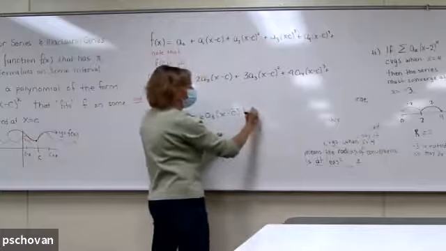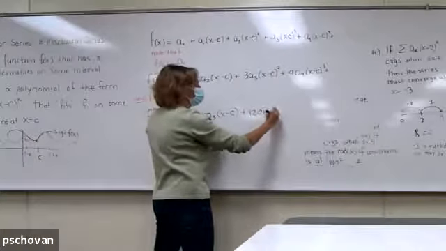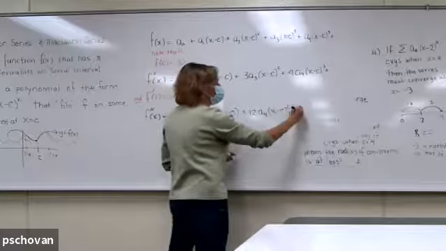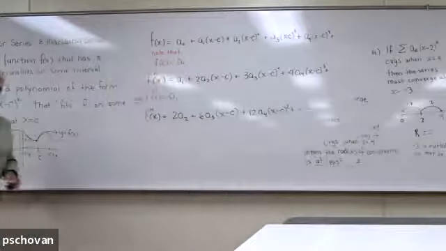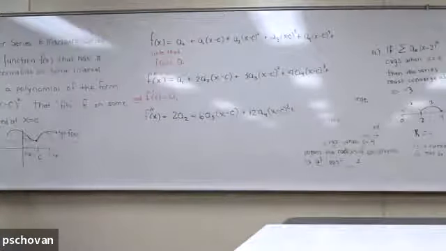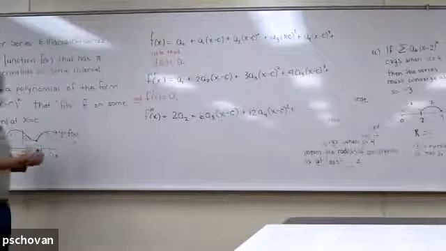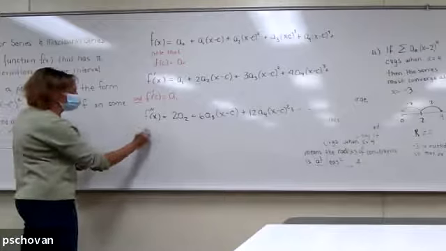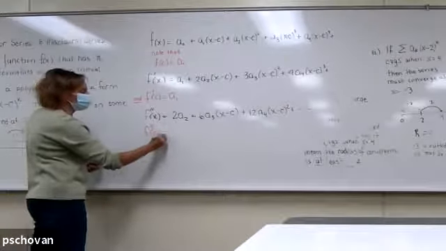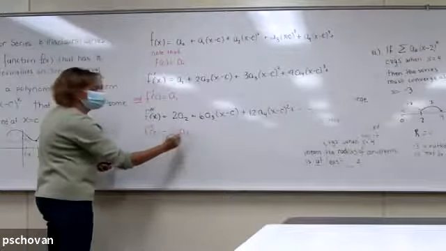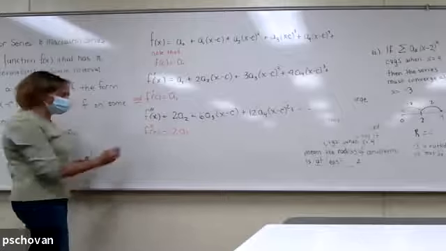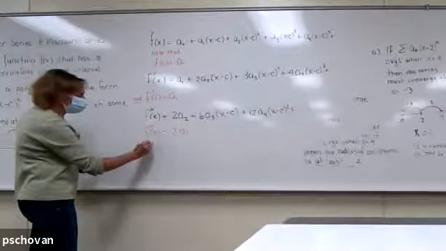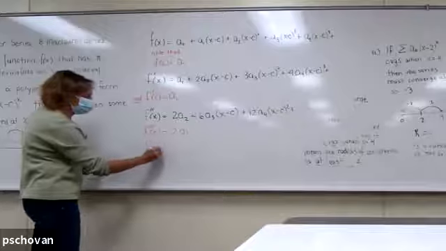This becomes 12 times a4 (x minus c) squared, and so on. Now I want the second derivative at x equal to c to match over there at x equal to c. So that says that f double prime at c is equal to 2 times a2. So a2 is f double prime at c divided by 2.